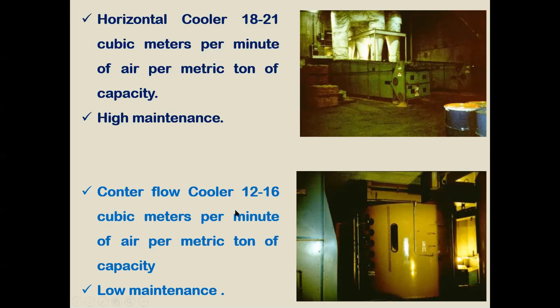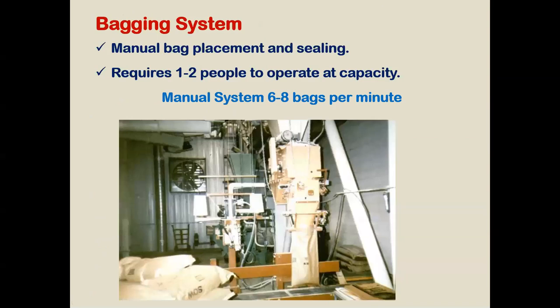And the counter flow cooler, as opposed to the horizontal cooler, requires 12 to 16 cubic meters per minute of air per metric ton of capacity, and that counter flow cooler has a low maintenance cost in comparison with the horizontal cooler.